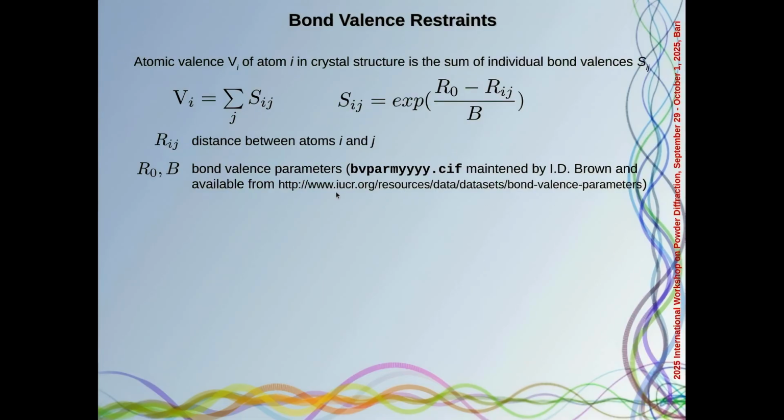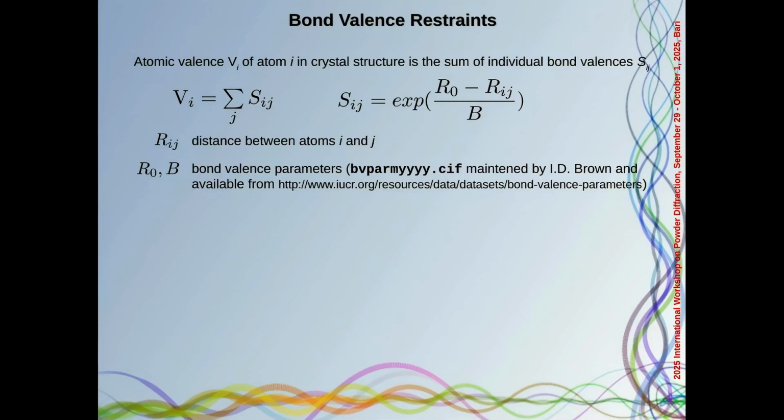And you can read out this link. So this is the theory, and this is a semi-empirical quantity that you can calculate, and this quantity should be compared with the expected value of the bond valence sum, that in general is the oxidation state of the atom.